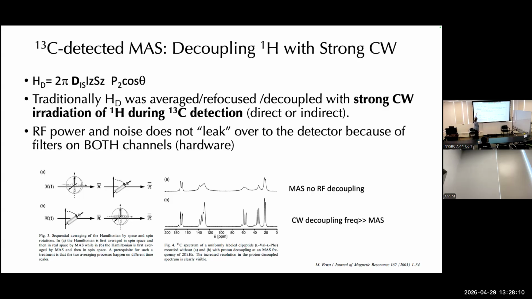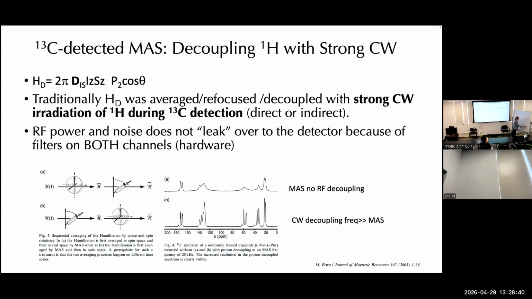But the RF power, because it's a double tuned coil, right? You have just one coil, and then you might be measuring proton with one variable capacitor, and carbon 13 could be on the other side or the same side, often on the other side, with another variable capacitor.